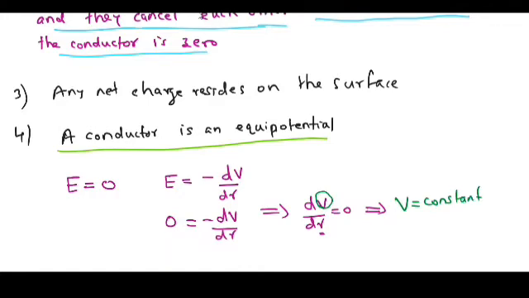That means the electric potential at any point on the surface of the conductor has a constant value. Therefore the conductor is an equipotential surface.